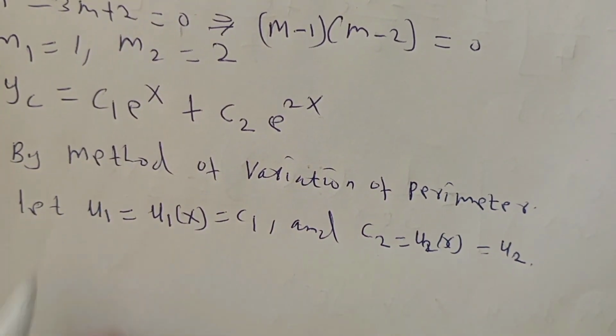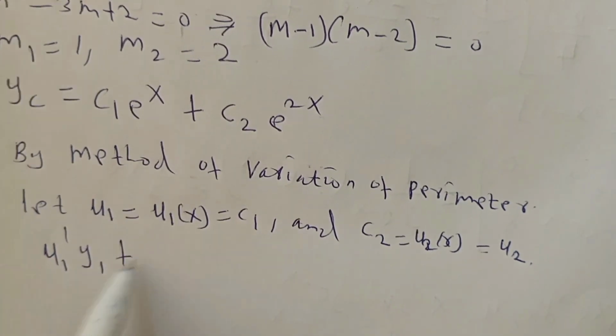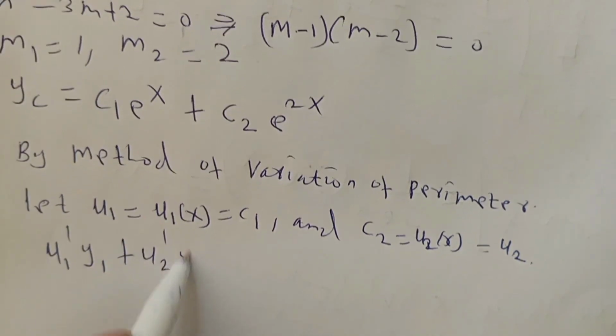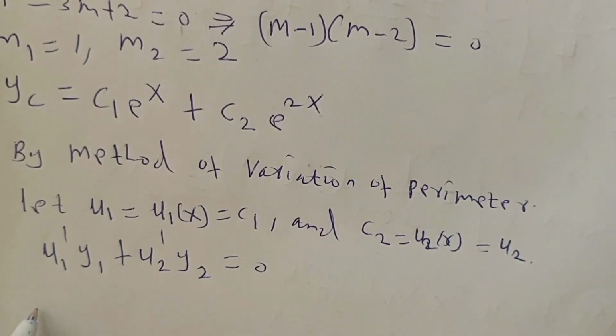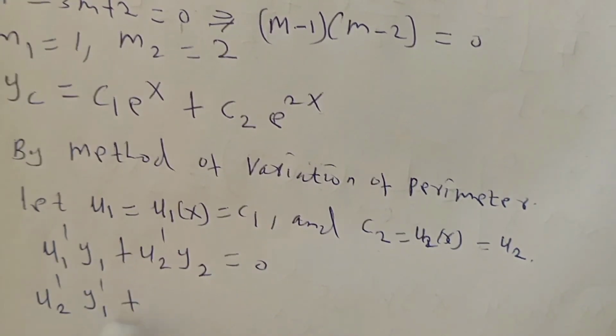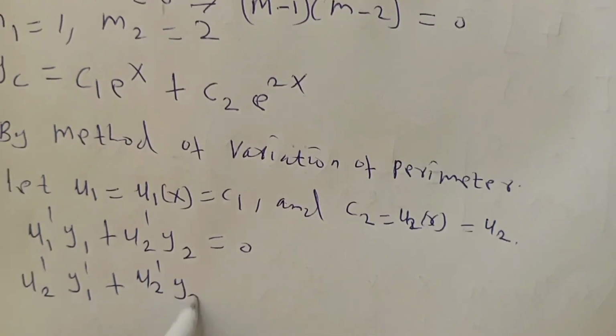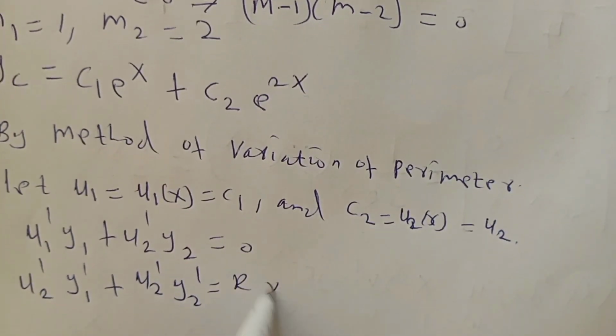So that now we obtain u1 prime y1 plus u2 prime y2, which is equal to 0, and u1 prime y1 prime plus u2 prime y2 prime is equal to r of x.